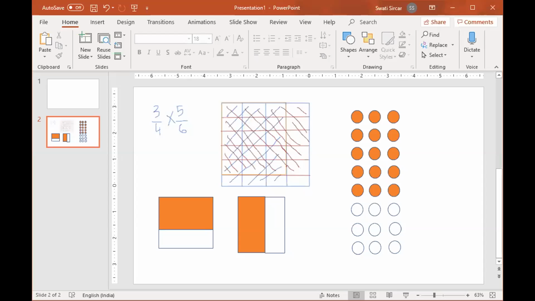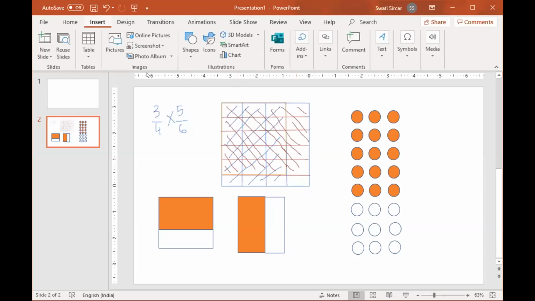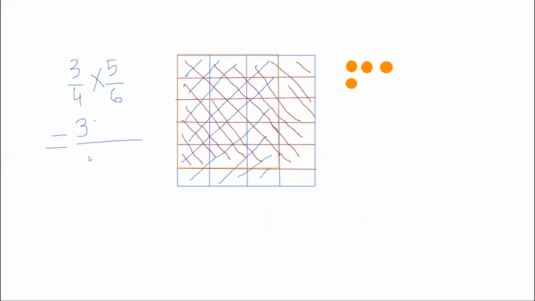Okay, so the square model helps you get that this is equal to 3 times 5, 4 times 6.